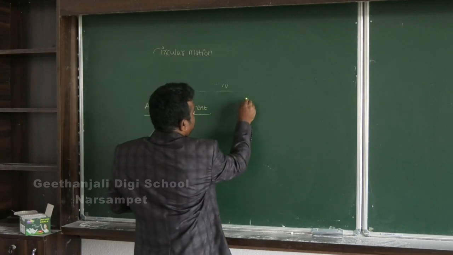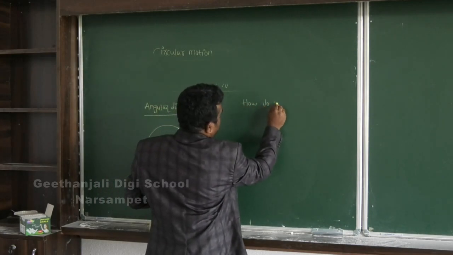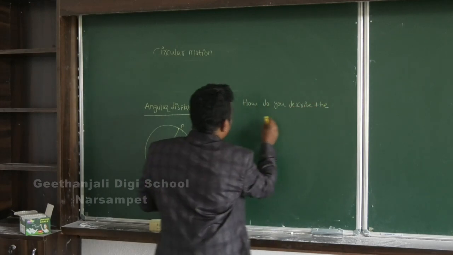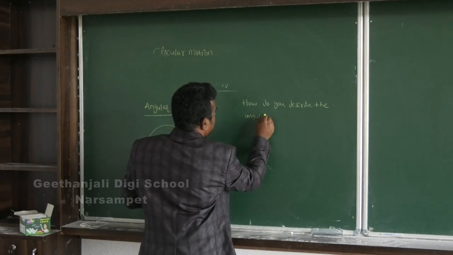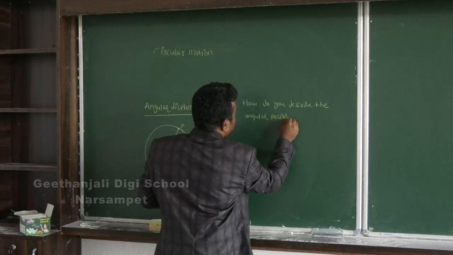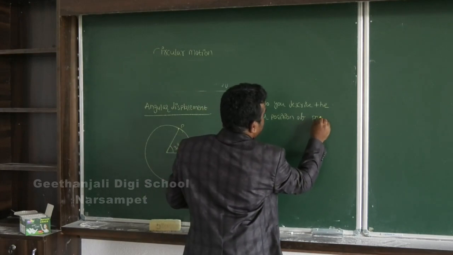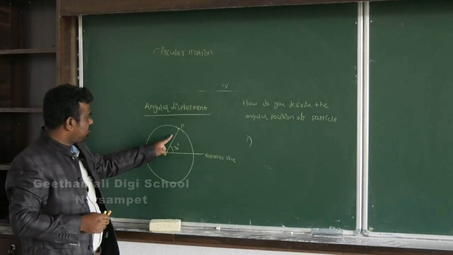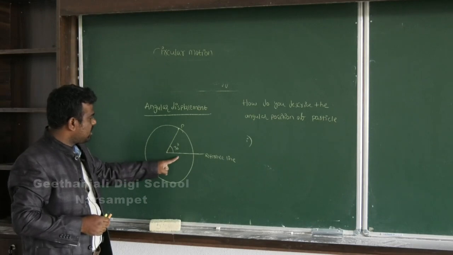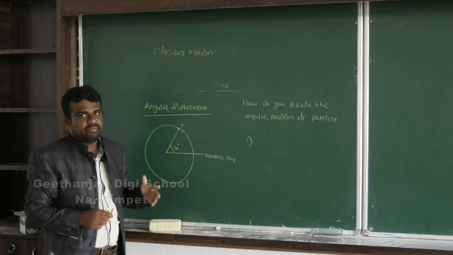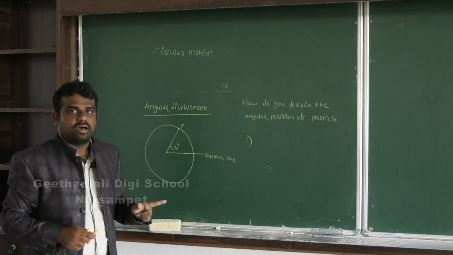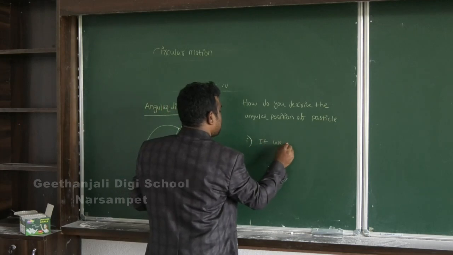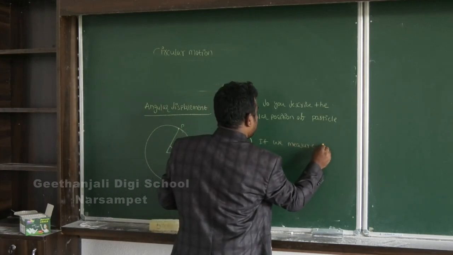So how do you describe the angular position of the particle? Here we can measure the angular position of this particle in the anti-clockwise sense as well as in the clockwise sense. Let us see what is the difference. First, in the anti-clockwise sense.